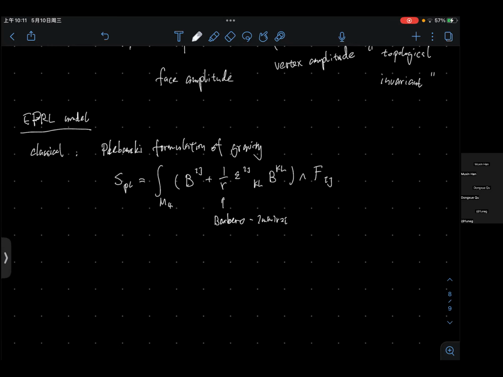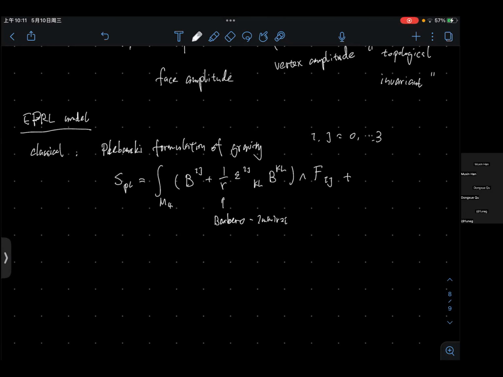Here I and J go from 0 to 3. They are Lorentz covariant internal indices, antisymmetric in I and J. It means that B is valued in the SL(2,C) Lie algebra. It's an SL(2,C) valued two-form.